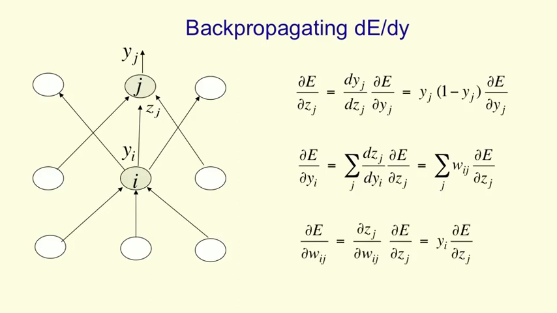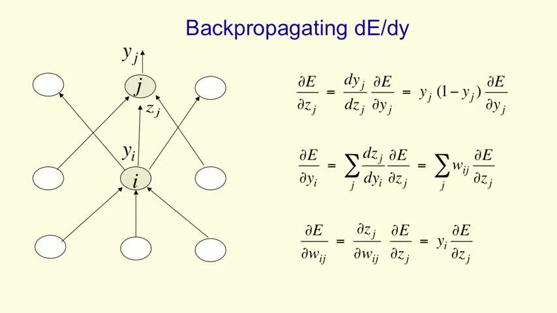Once we've got dE by dz_j, which we computed on the first line here, it's very easy to get the error derivatives for all the weights coming into unit j. dE by dw_ij is simply dE by dz_j, which we computed already, times how z_j changes as we change the weight on the connection, and that's simply the activity of the unit in the layer below, y_i.